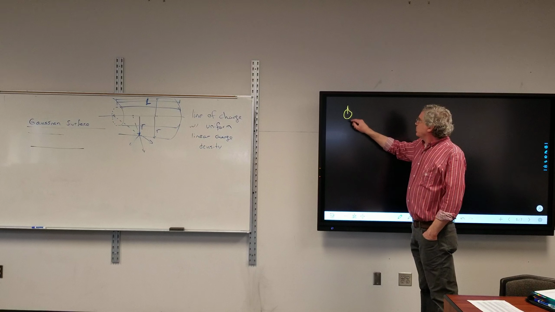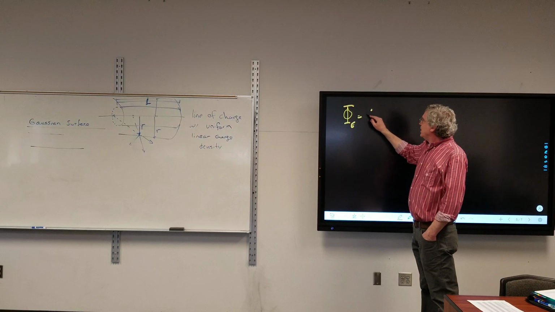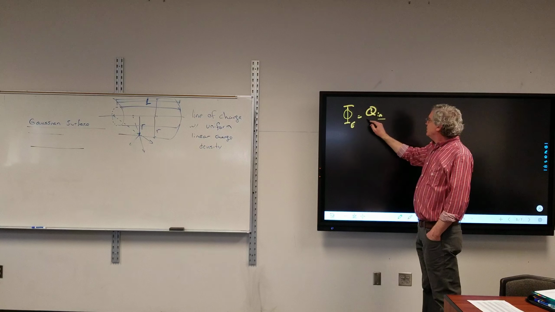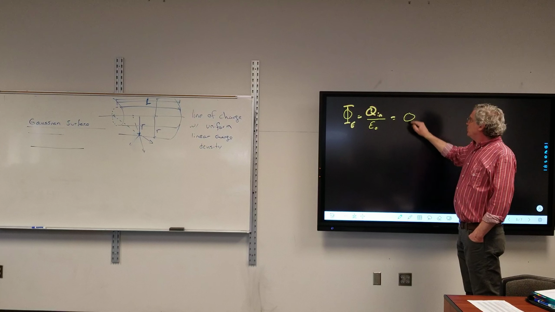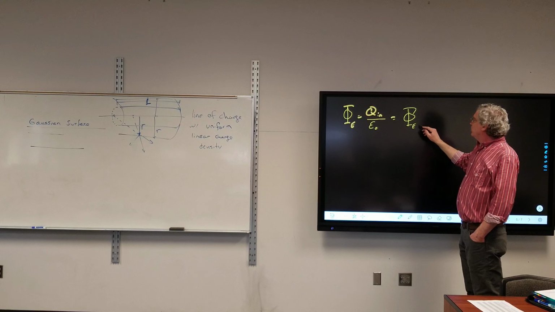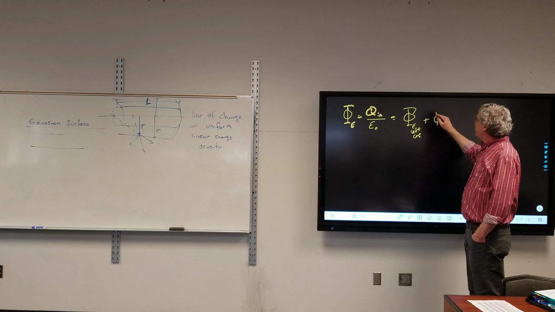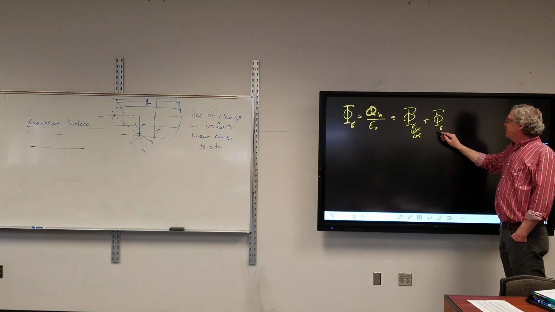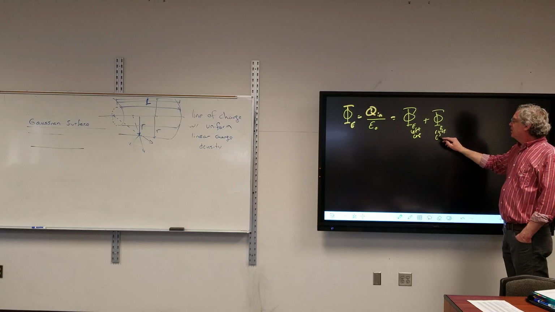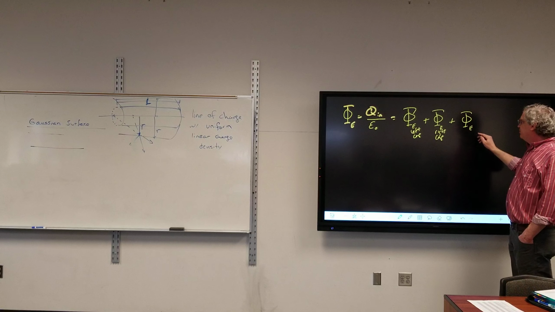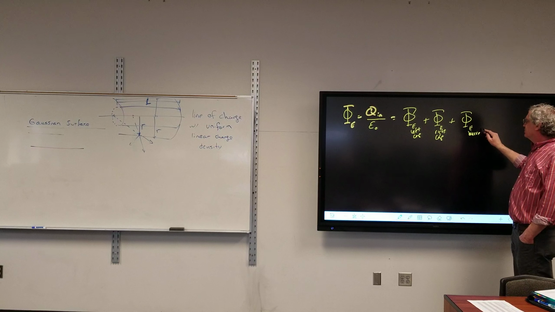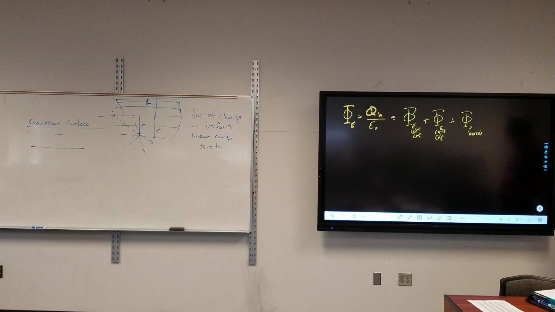So my total electric flux is going to be equal to the enclosed charge divided by epsilon sub 0, which is going to be equal to the electric flux through the left cap plus the electric flux through the right cap plus the electric flux through the barrel, the annular cylinder.